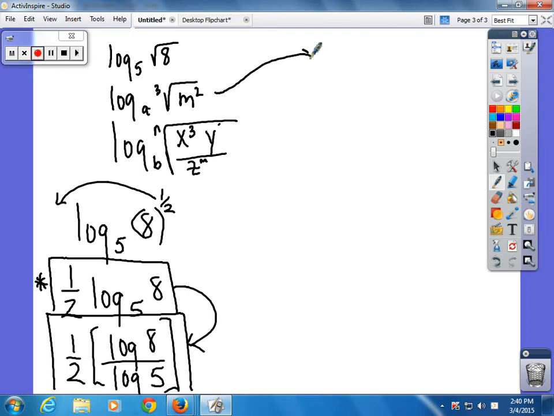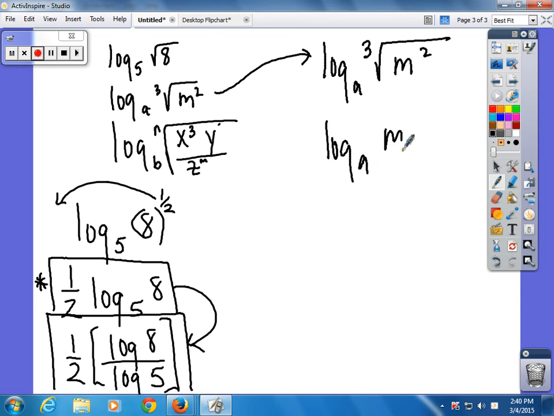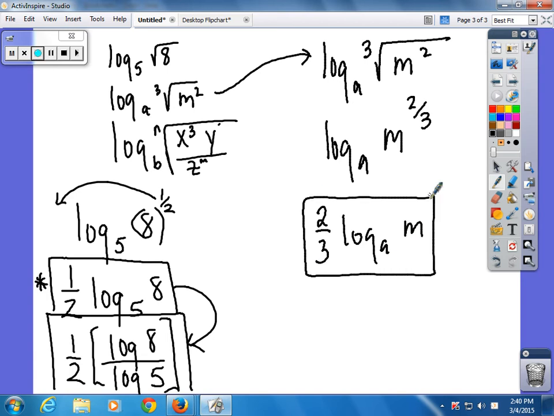All right. Now this one. Log base A, cube root of m squared. That can be written as log base A of m to the what? 2/3. 2/3. And then that's 2/3 log base A of m. That would be the answer probably in the book of the example.